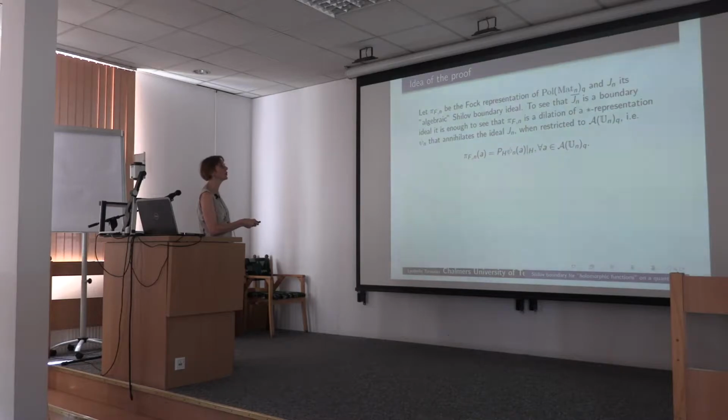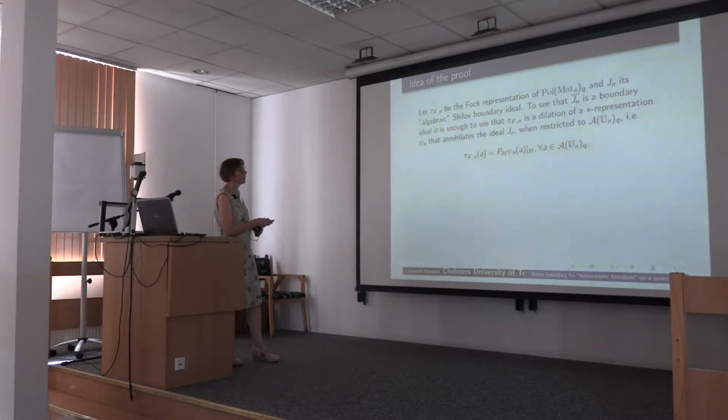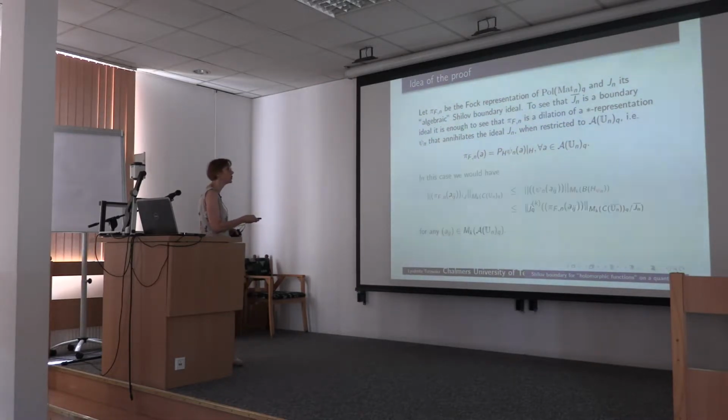That is, I can find a representation of Holomorphic n Q on a bigger Hilbert space such that the Fock image is this restriction: I restrict to the Hilbert space H by multiplying by projections, and I must have equality.